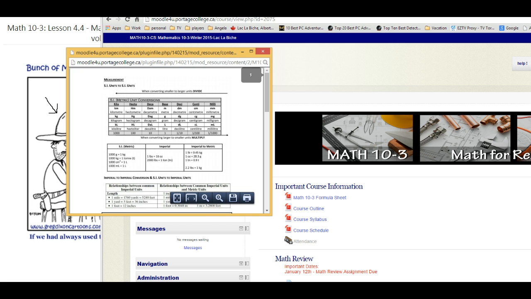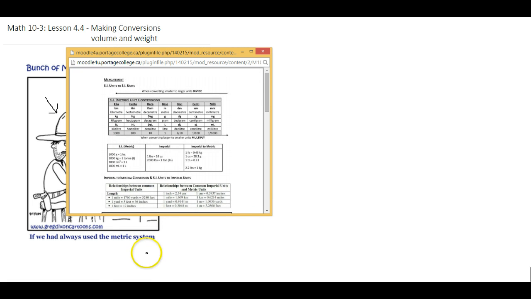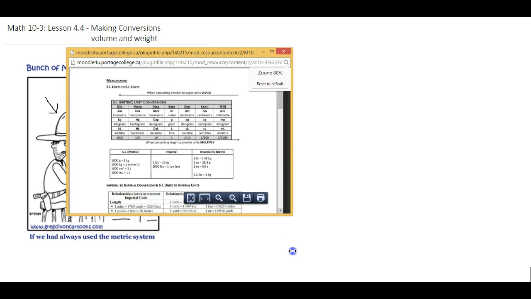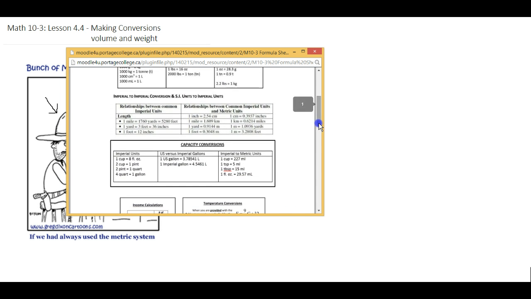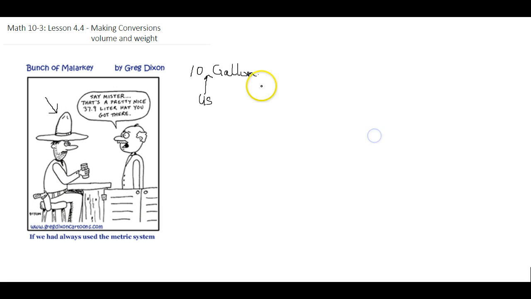Let's scroll up here. Oh yeah, right here. 1 US gallon is 3.785 liters.